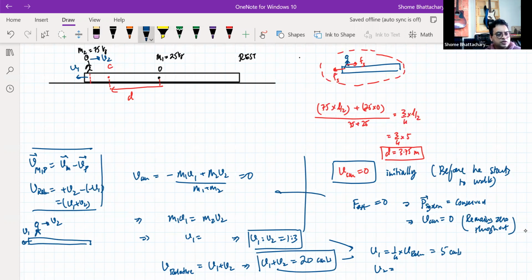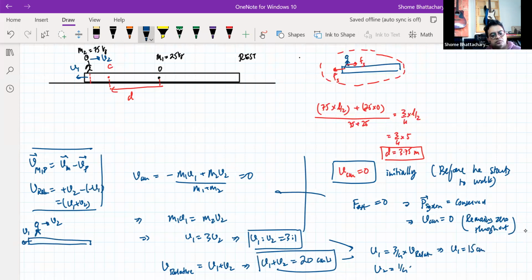V1 is the velocity of the plank and not the person. This should be 3:1. So V1 will become 3/4 of the relative velocity. So V1 will become 3/4 of 20.